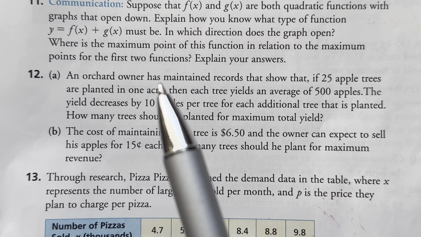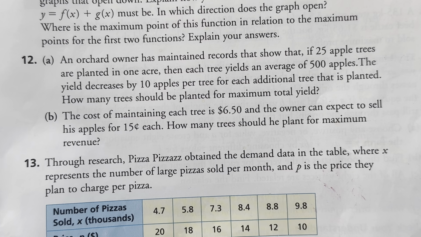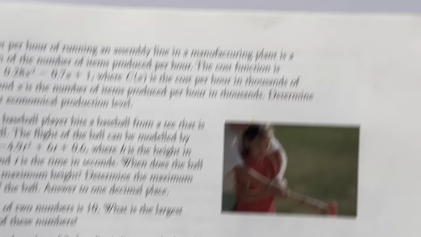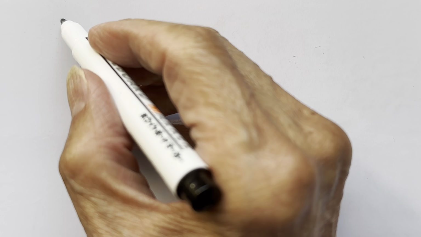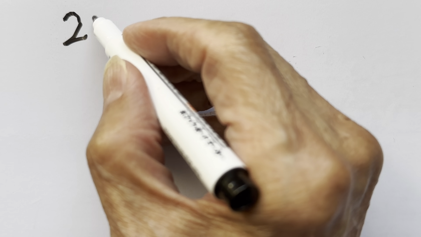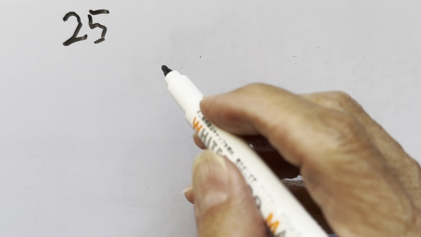You plant 25 apple trees. Each tree produces 500 apples. So I have 25 trees. Each tree produces 500 apples.